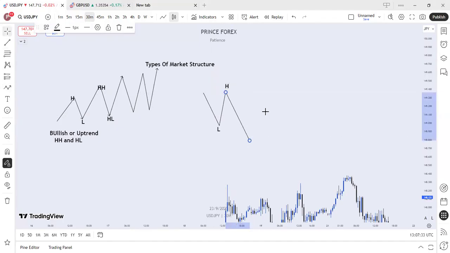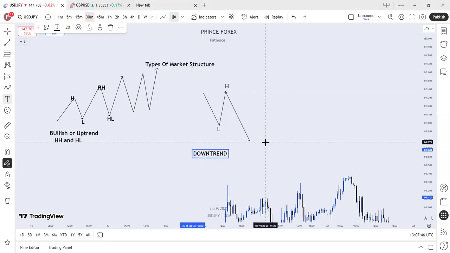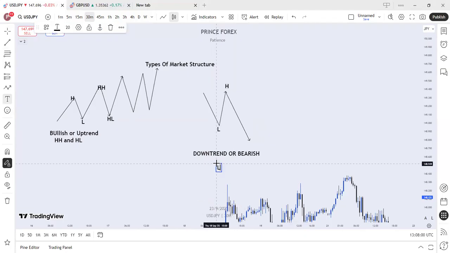All right, so let's consider this. For downtrend, or bearish, right? For bearish market structure, it is characterized by lower highs and lower lows. What do I mean by lower highs and then lower lows?